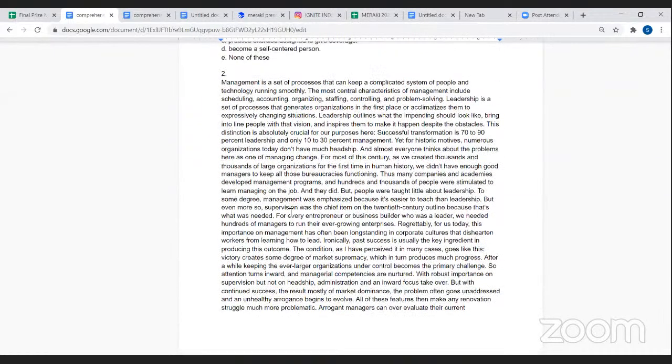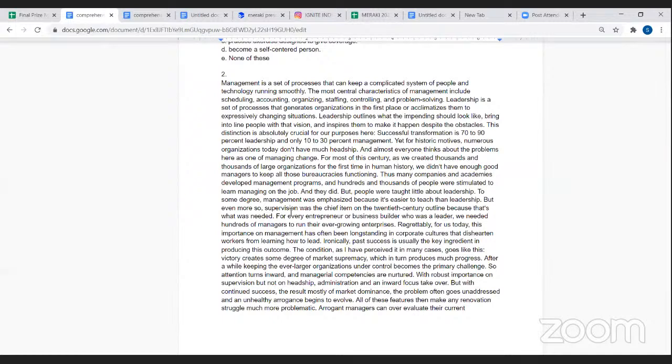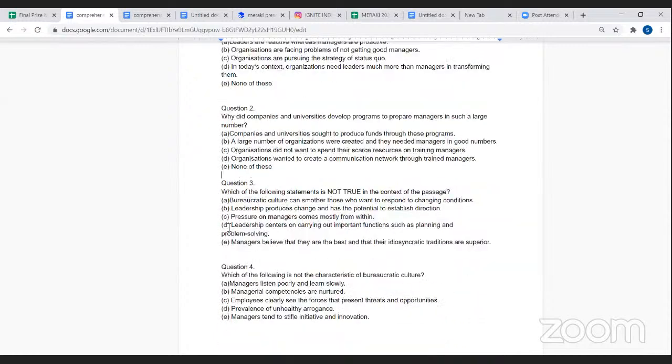It is option D, which is leadership centers on carrying out important functions such as planning and problem solving.